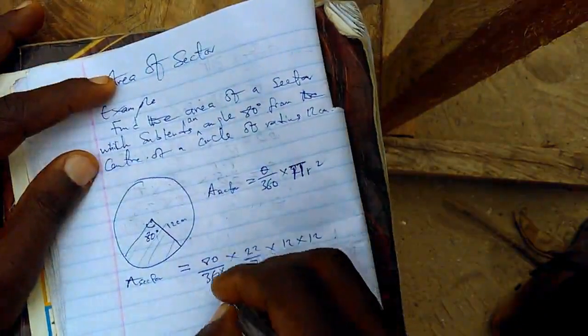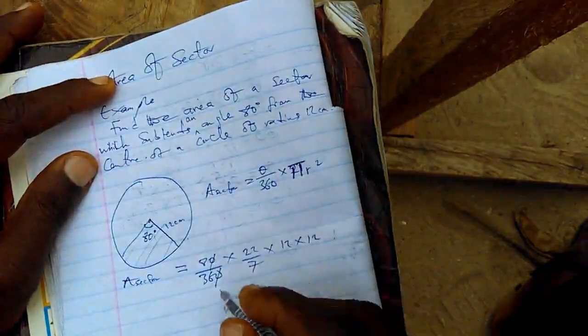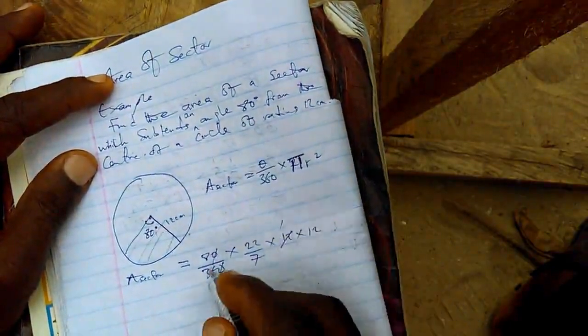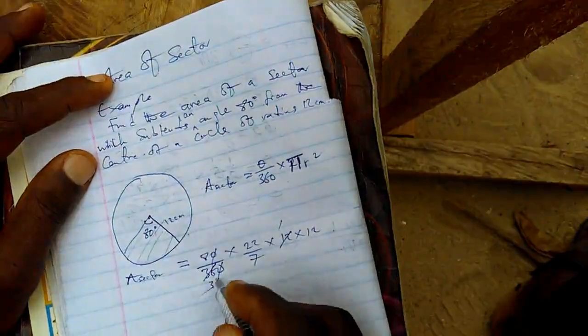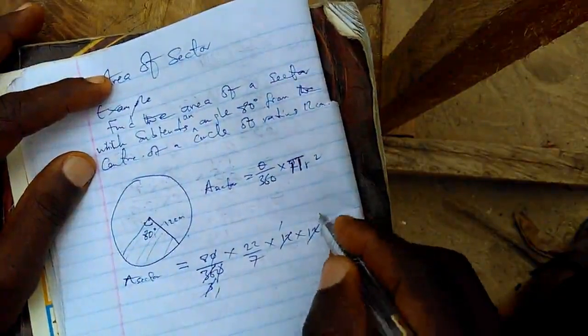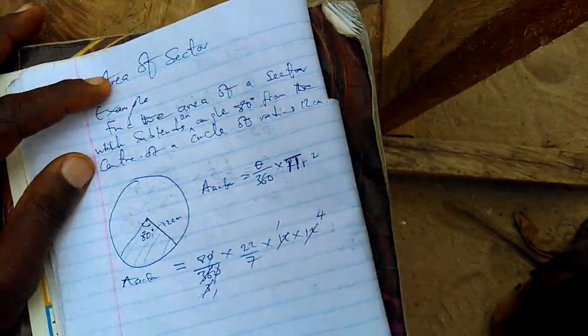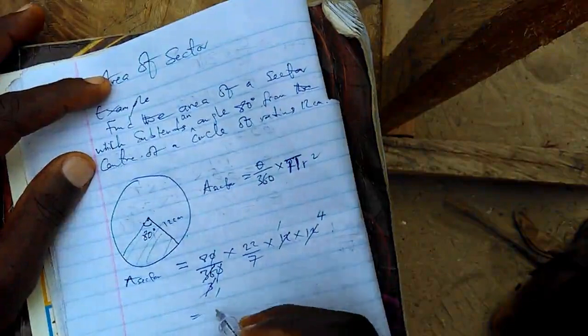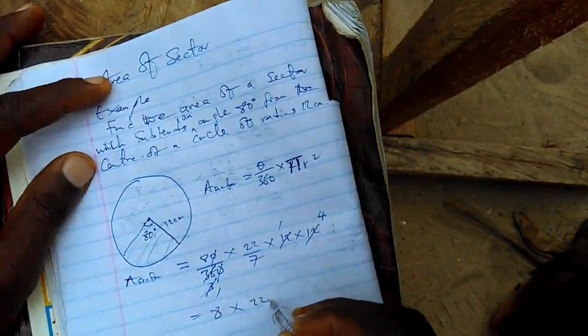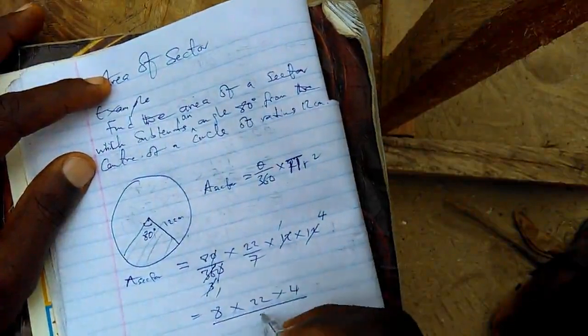So 0 will cancel 0. Then 12 here 1, 12 here 3, 3 here 1, 3 here 4. So what we are left with is 8 times 22 times 4 all over 7.